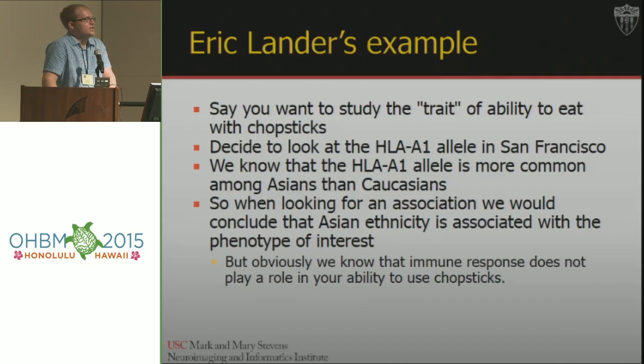You would come to the conclusion that the Asian ethnicity is associated with the ability to use chopsticks, which clearly is not right. And so that's an easy way of remembering that differences in ancestry can cause you to make conclusions that are not necessarily sensical.